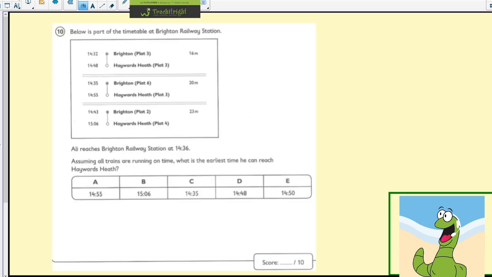All right, last question. Oh, this is a cool one. This is a timetable of Brighton railway station. Ali reaches the station at 2:36. So he's got here just after this train. Assuming the trains are running on time, what's the earliest time he can reach Haywards Heath?